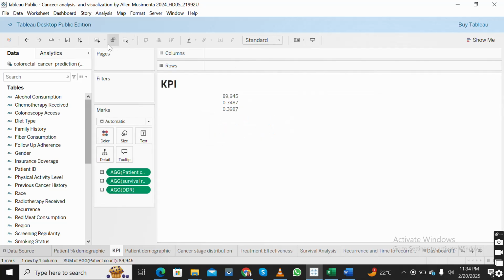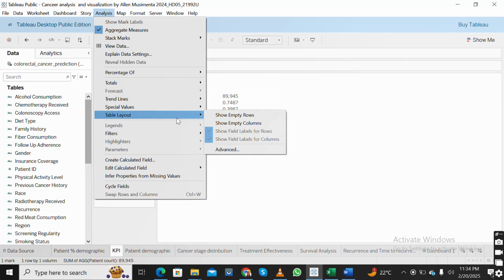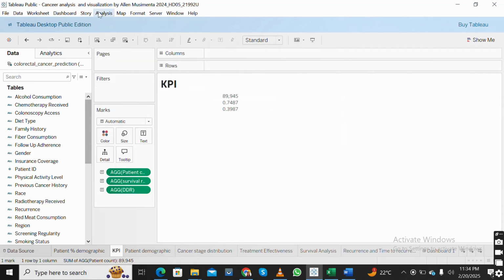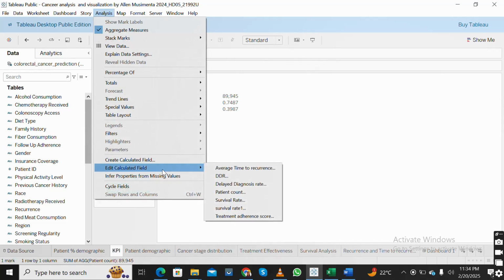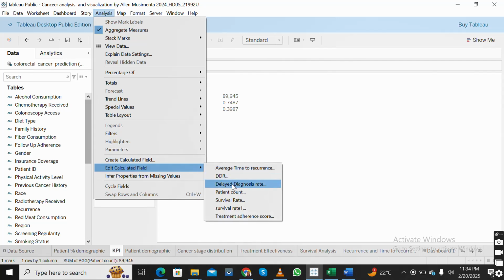After applying that, we had to come up with a calculation. Because we already have it in the system, I don't want to redo it again. When you come to the DDR, the DDR is what we are getting here. However, we also have the delayed diagnosis, that is the if function that we applied, and we gave it the delayed diagnosis rate.